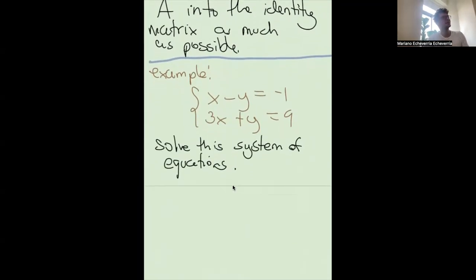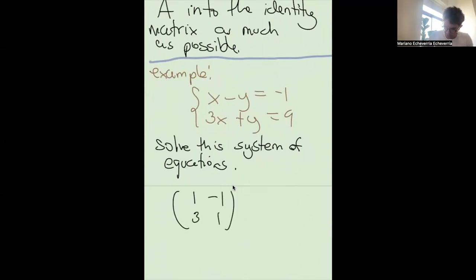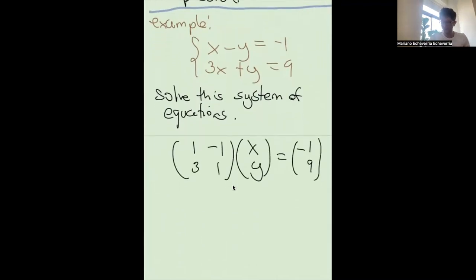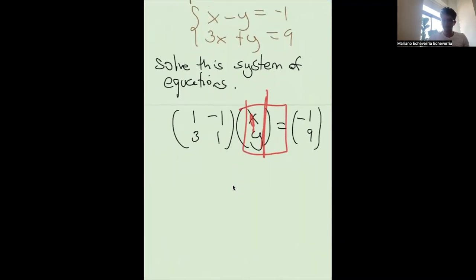So again, the first thing you can do is rewrite it in matrix notation. You can write it as [1, -1; 3, 1] times [x; y] equals [-1; 9]. But at this point, all of this junk can be changed into the vertical line.